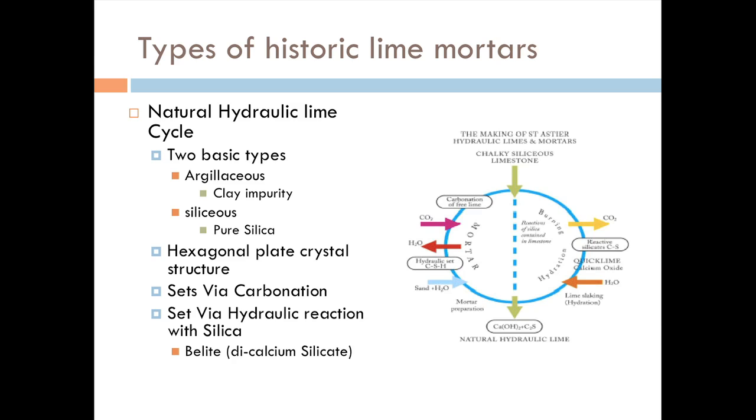So you don't run into it too often up until about 1750 or so. But it still has a hexagonal plate crystal structure, and again, it can accommodate these movements. Movements in buildings, whether if a foundation settles or if a wall were to expand and contract an entire length of a street.